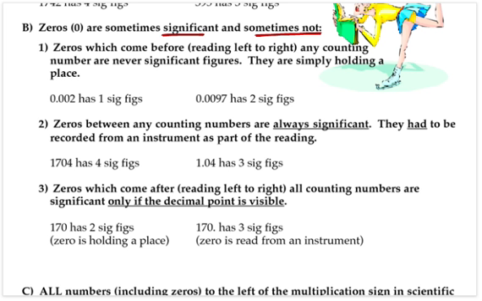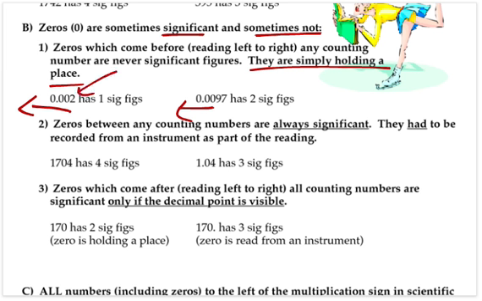Zeros to the left of a non-zero number are never significant figures. Notice it's saying they're simply holding a place. So zeros to the left, never ever significant. Notice this is only one significant figure. It's just measuring to the thousandths place there.